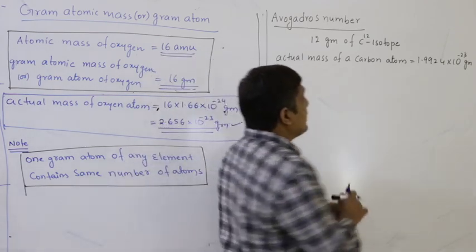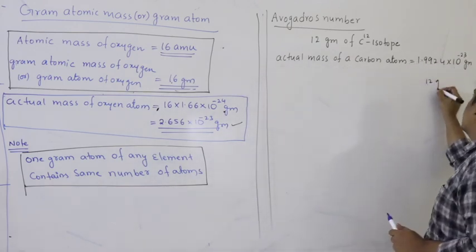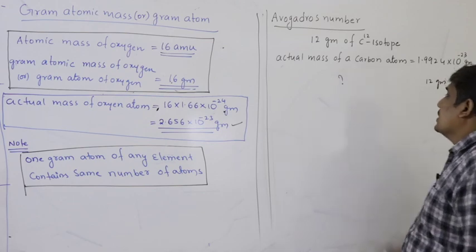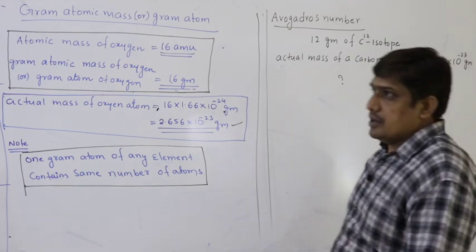We have 12 grams. If one carbon atom mass is 1.9924 into 10 power minus 23 grams, then how many carbon atoms do 12 grams contain?